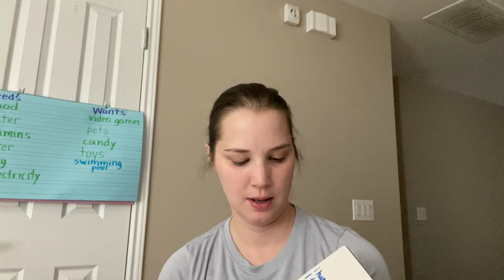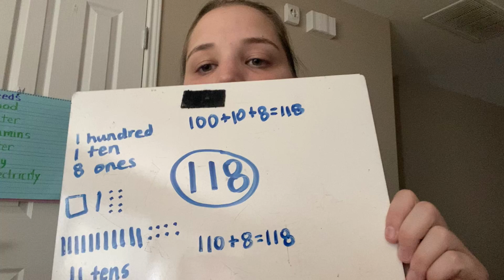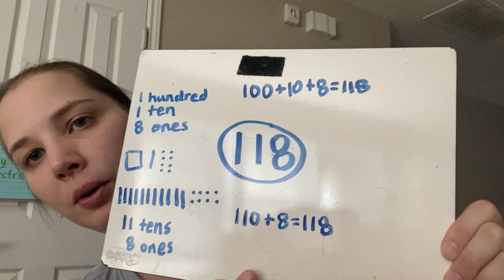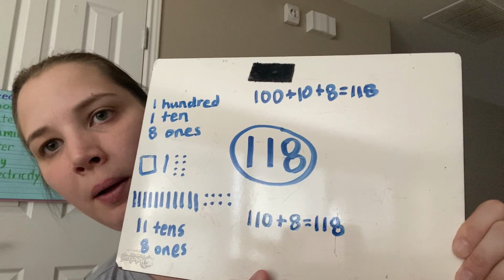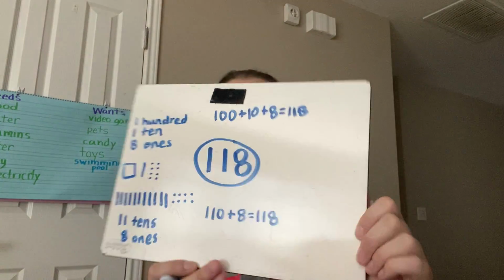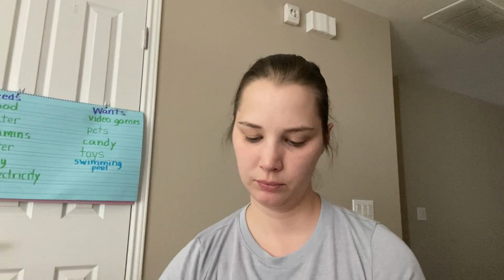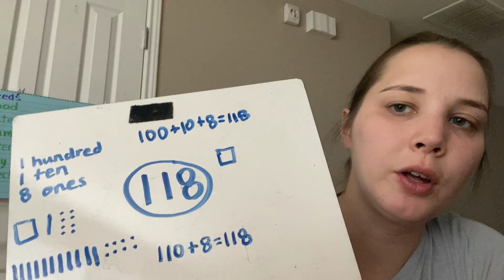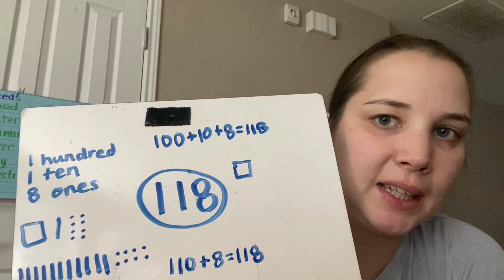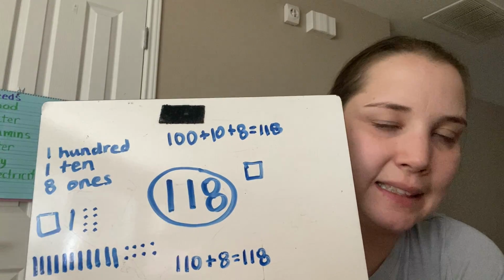Okay. And then what we could do is we could say, well, what if we just did 100 and then we didn't have any tens and we did the rest in ones? So if we did 100, how many ones would we need to make 118?